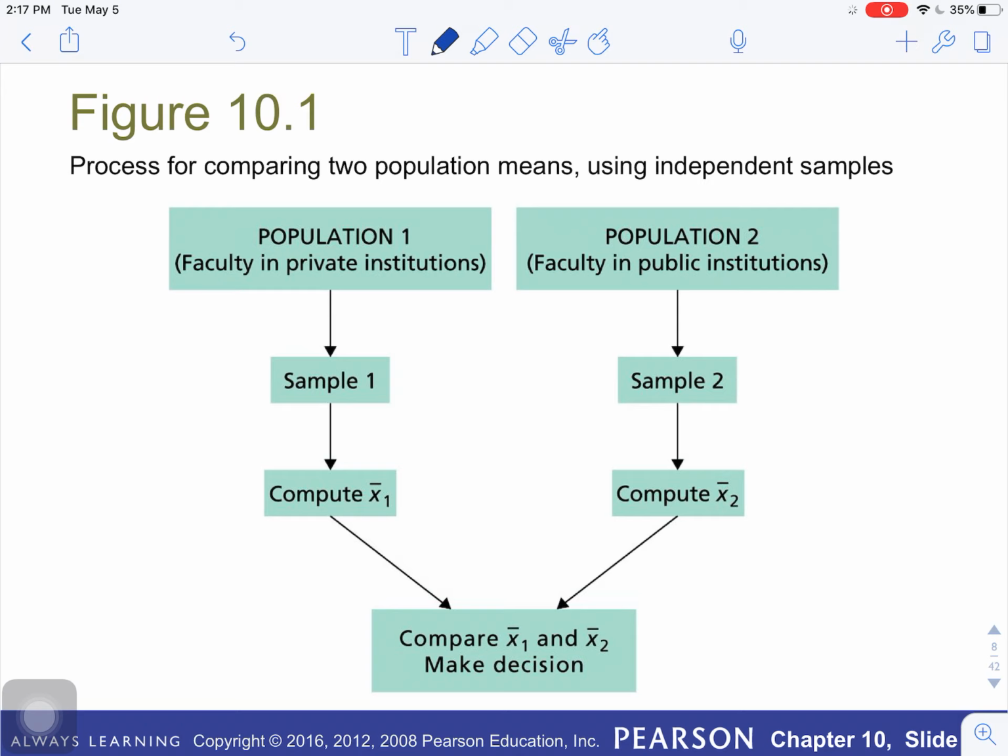So here's kind of a flowchart of how you're supposed to be doing this. So our whole thing that we just did, we have our first sample, that was the private college. We have our public.